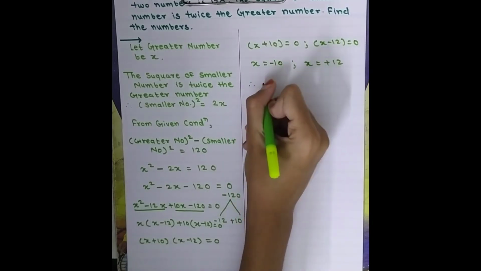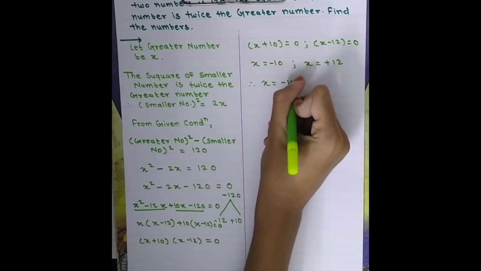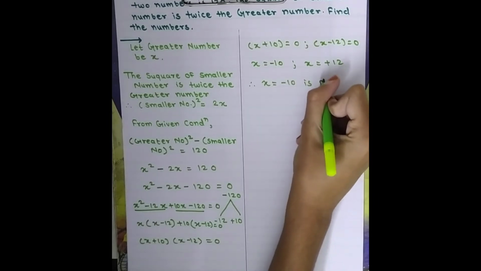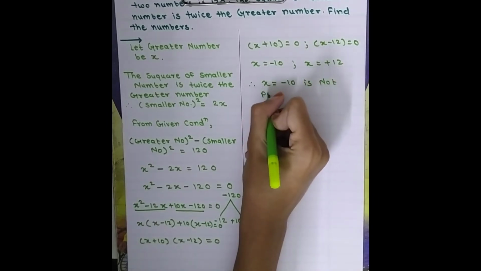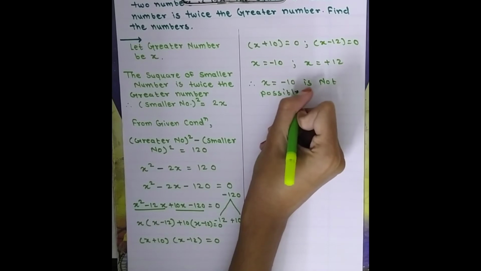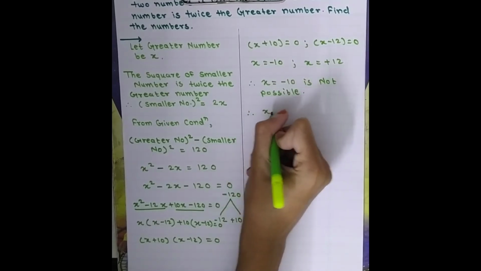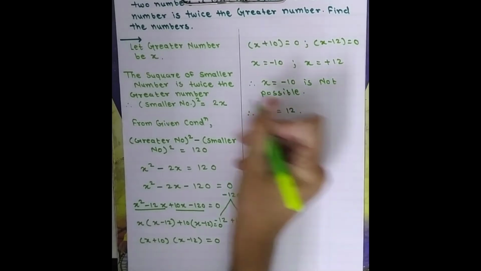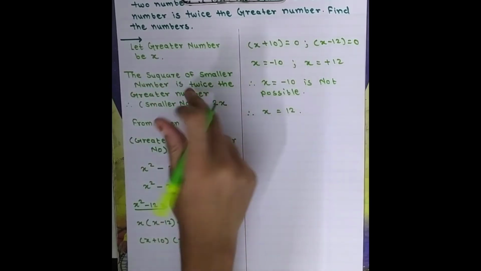Therefore x is equal to minus 10 is not possible. Therefore, x is equal to 12. So the greater number is 12 and the smaller number?